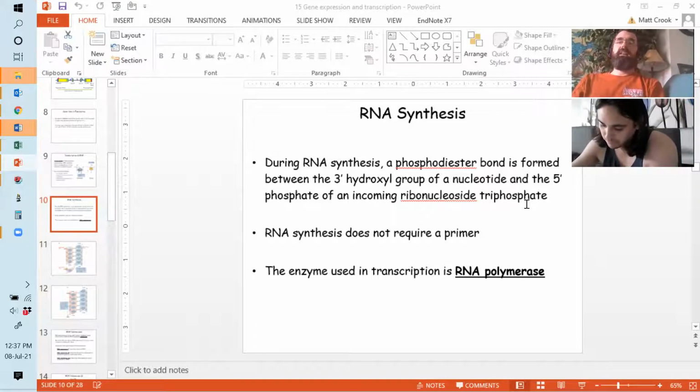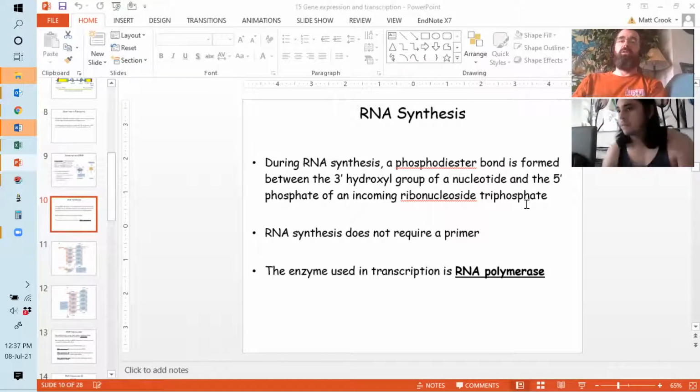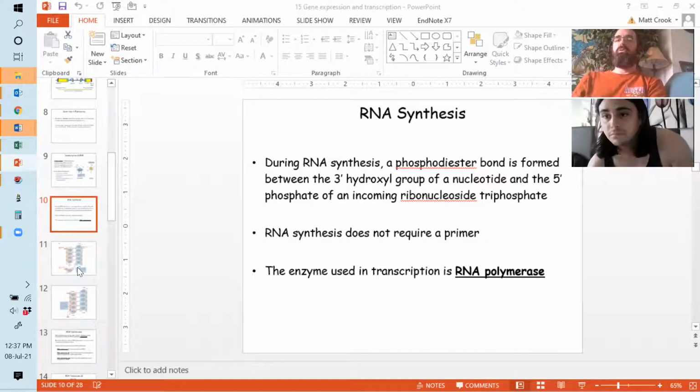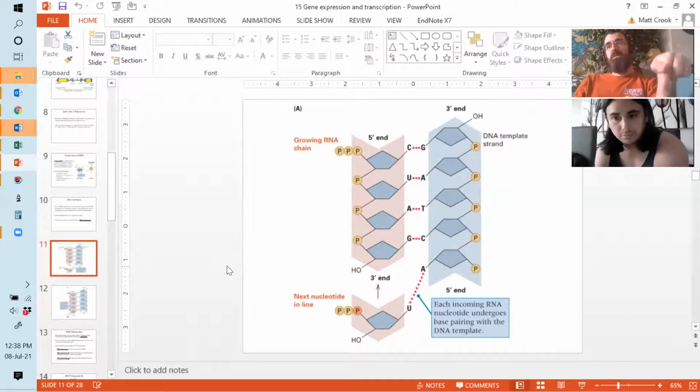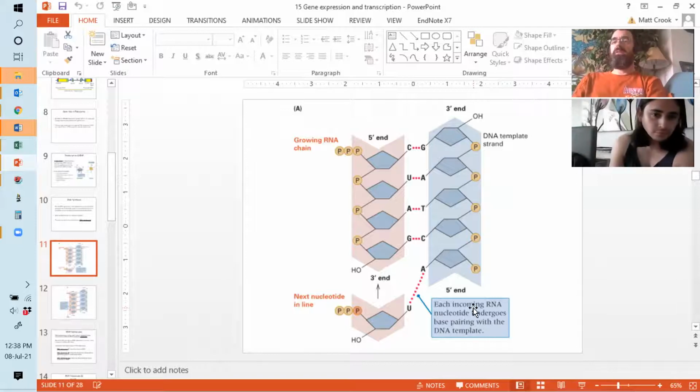And the key thing here is, again, that an RNA nucleotide can only be added to the 3' end of the newly made or making RNA strand, right? So if we have our DNA template strand here, again, the coding strand is going to be over to the left, over here, isn't shown, right? But the coding strand's going down the page, template strand is going up the page.